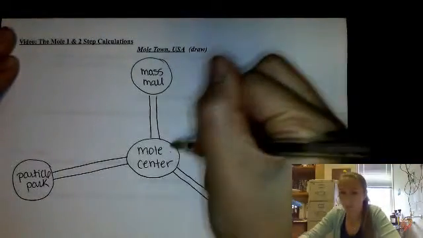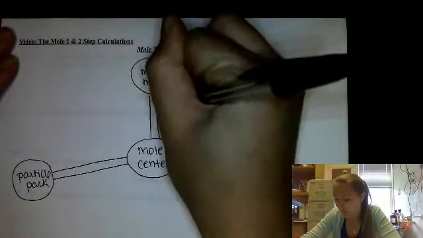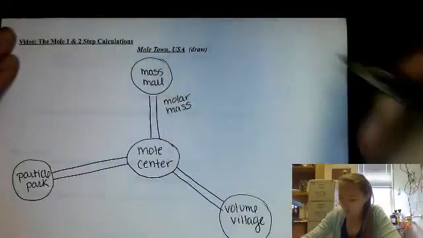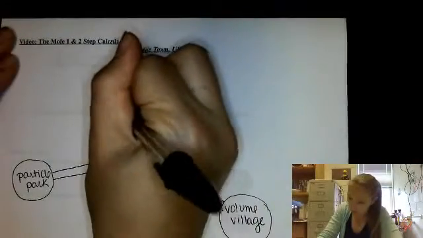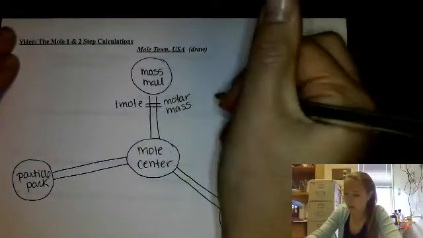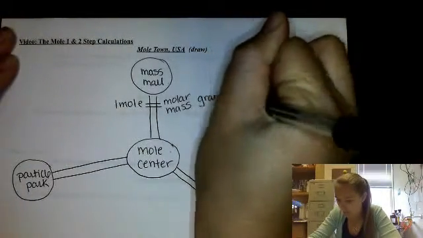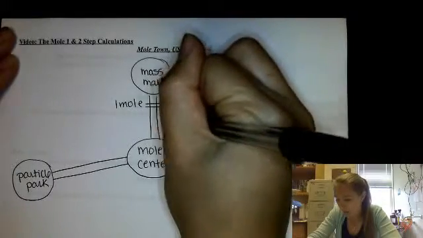To convert between moles and mass, we use something called the molar mass. That means that 1 mole is equal to the molar mass, which is grams, and we get that from our periodic table.